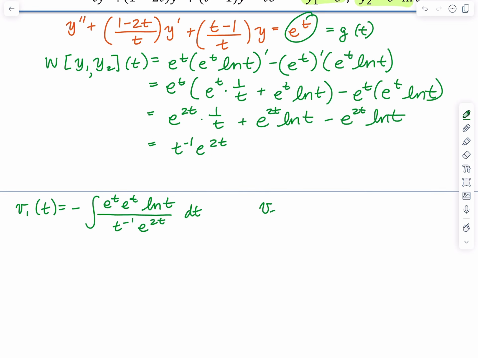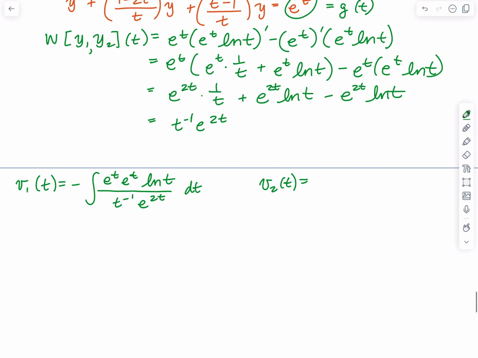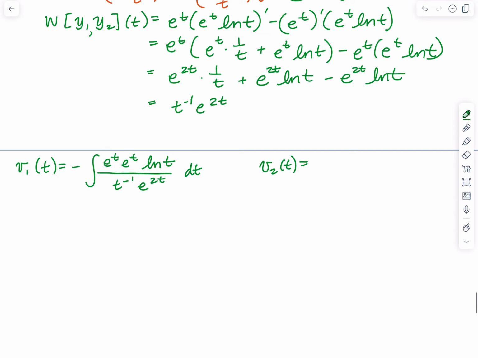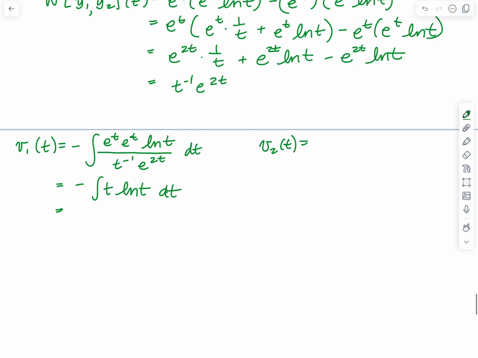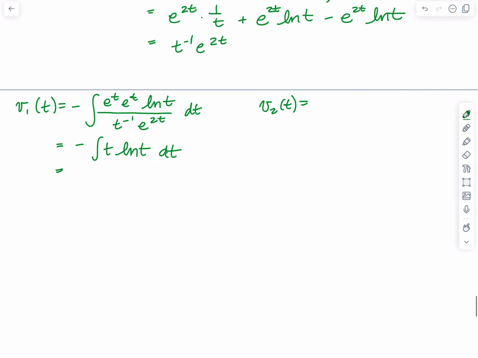And of course we have v1 of t, and we can go ahead and simplify that. That would be equal to the opposite of t, ln of t, dt, and you can use a table or a form of integration to come up with negative 1/2 t squared ln of t plus 1/4 t squared.